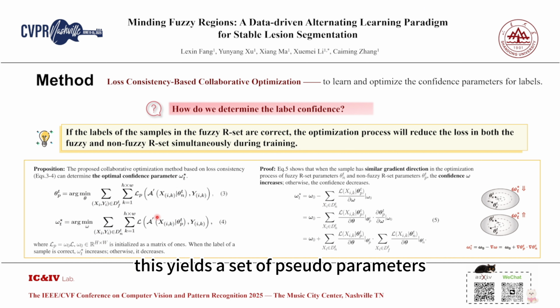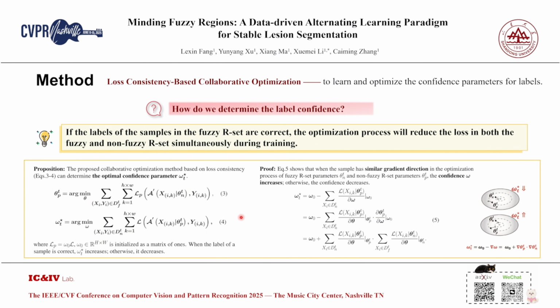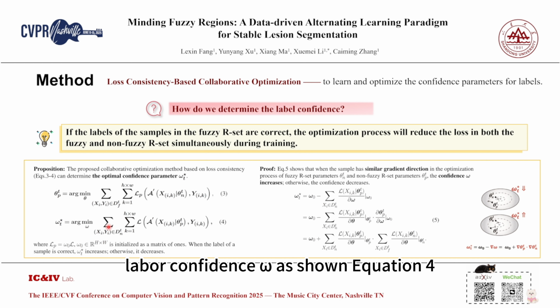This yields a set of pseudo-parameters theta_p^t, as shown in equation 3. Then, we update the label confidence omega as shown in equation 4.